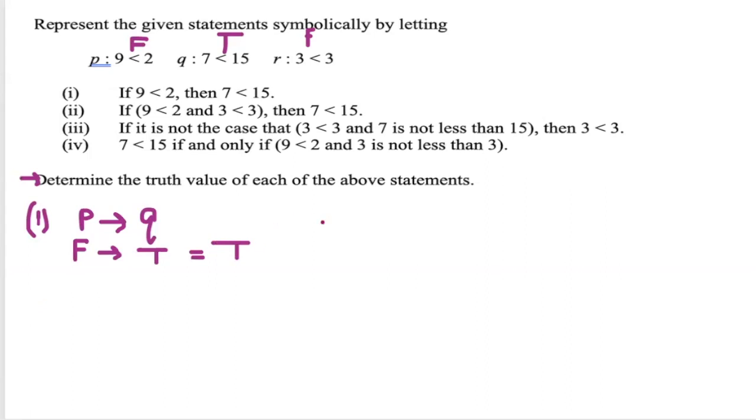Now the next statement, which is the second one, if you realize this in bracket, then this 7 less than 15. What's inside the bracket with and?